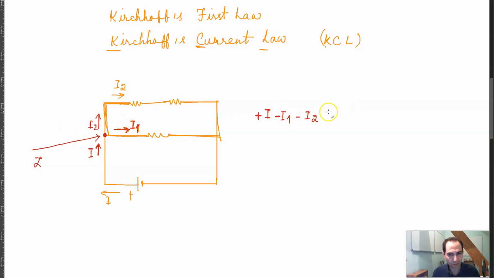The algebraic sum, which I can write as plus I, plus negative I1, plus negative I2, is equal to 0.